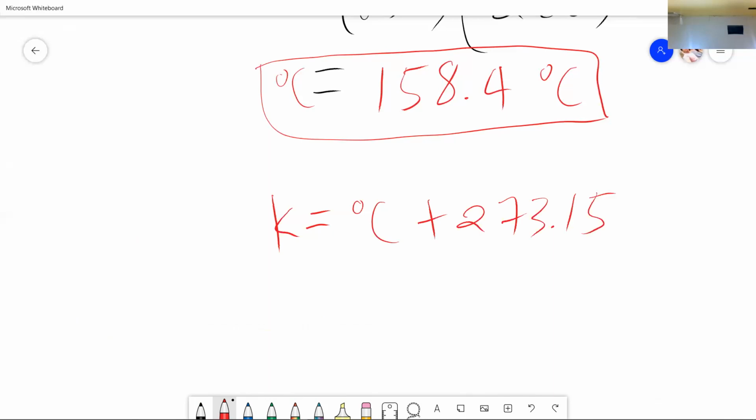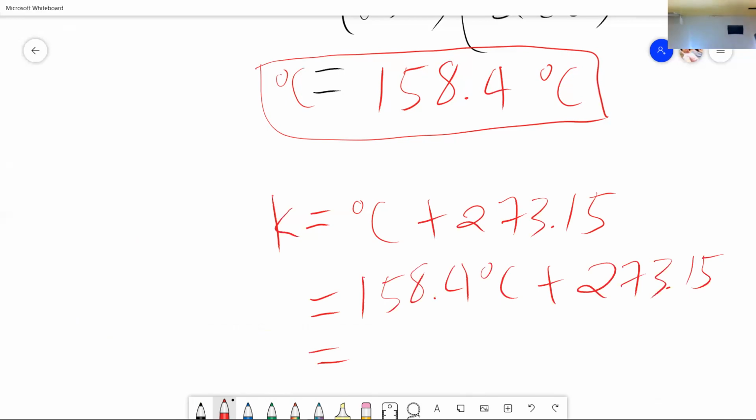So 158.4 degrees Celsius plus 273.15. So we have 431.55 Kelvin.